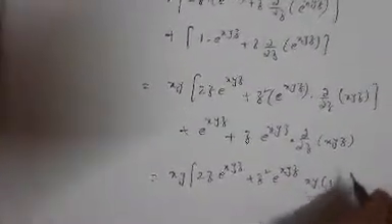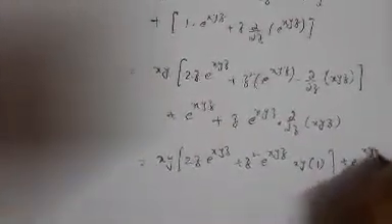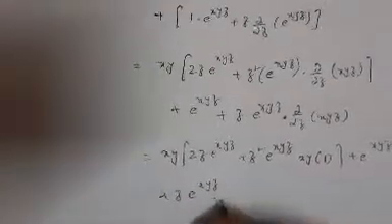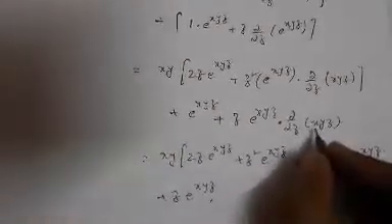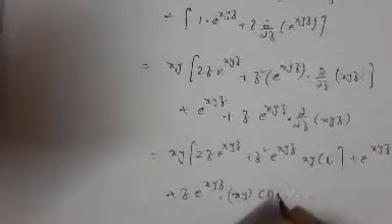So then xy into 2z into e^(xyz) plus z² into e^(xyz). With respect to z, here xy is constant and the derivative of z is 1. Next plus e^(xyz) plus z into e^(xyz) into the derivative of xyz with respect to z. With respect to z, xy is constant and the derivative of z is 1.